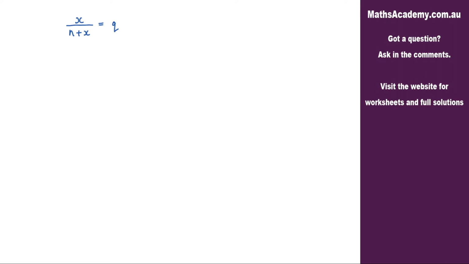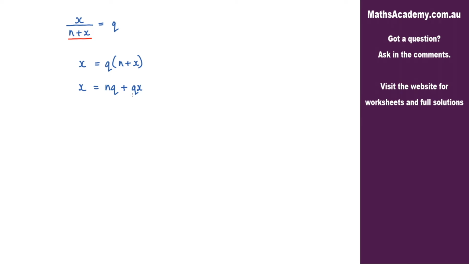On to question 2, and the first thing we're going to do is to multiply both sides by n plus x. So that would give me that x is equal to q(n plus x). Expand the bracket on the right hand side, so nq plus qx.